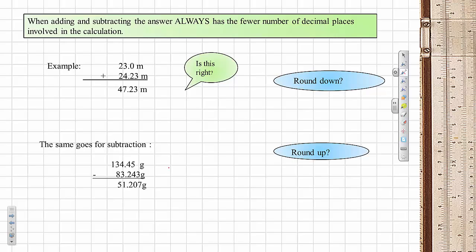Here, we deal with precision, the number of decimal places. So the rule here for adding and subtracting is similar, but the answer is always going to have the fewer number of decimal places, or if you wish, degrees of precision.